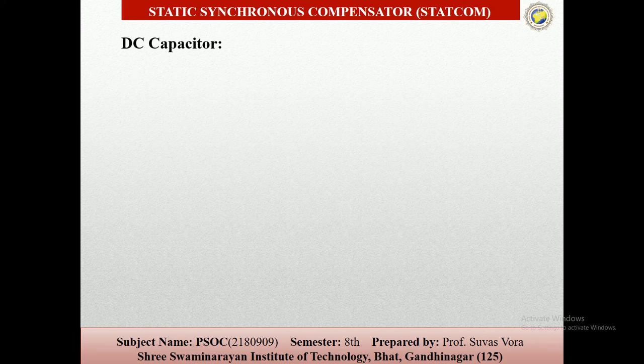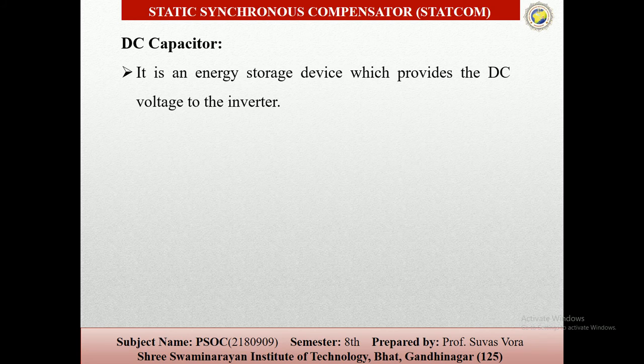Then the DC capacitors are the energy storage device which provides the DC voltage to the inverters. Then the harmonic filters: harmonics are a very important part of the power systems. The filter reduces the harmonics and other high frequency components given by the inverters.